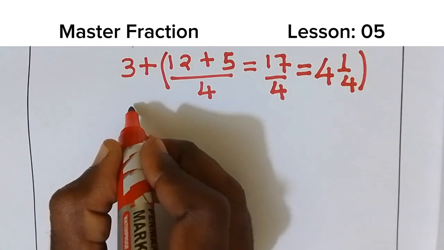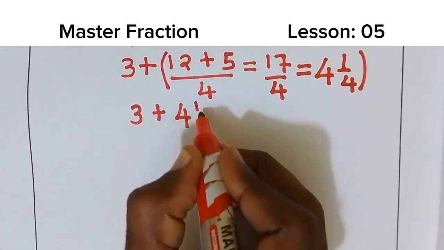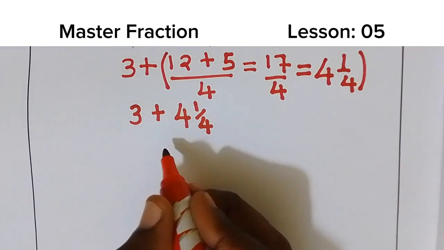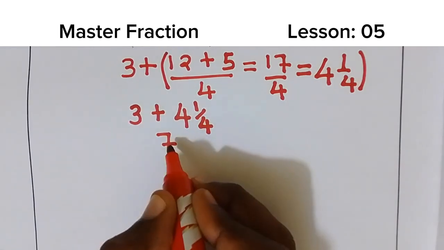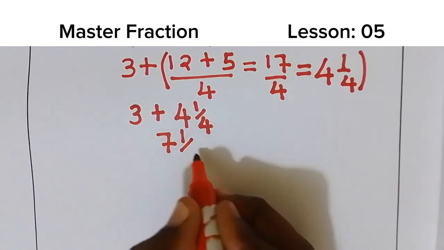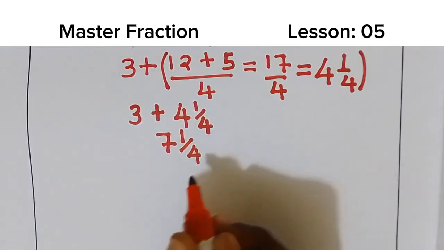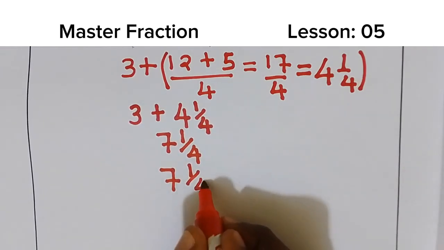Going to get 3 plus 1 over 4. 3 plus 4, we are going to get 7. And this fraction here, we have 1 over 4. So the answer is 7, 1 over 4.